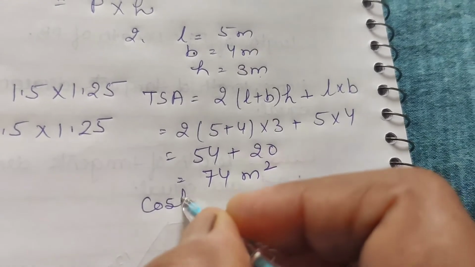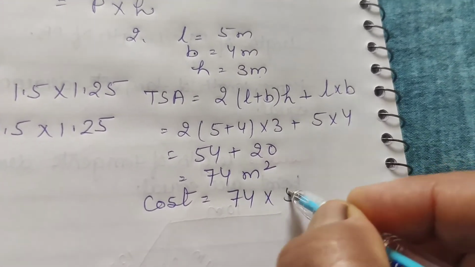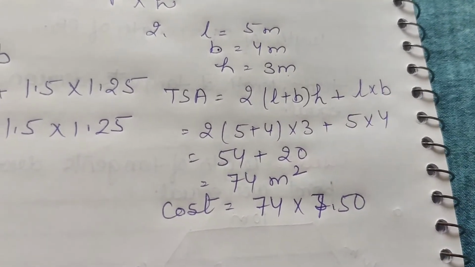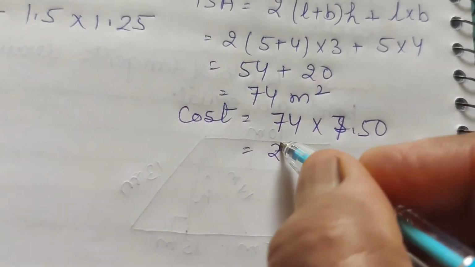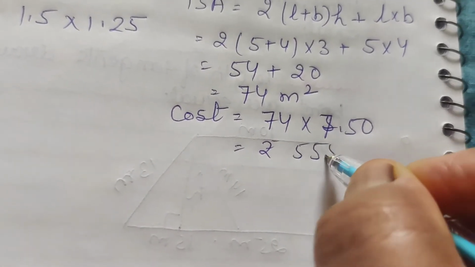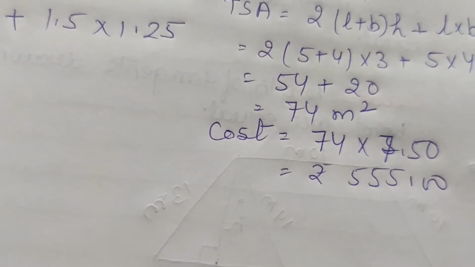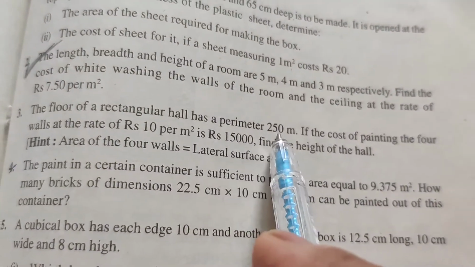Again the cost of whitewashing is 74 into 7.50. Now calculating, 555.00 rupees. Next question. The floor of a rectangular hall has a perimeter of 250 meter.